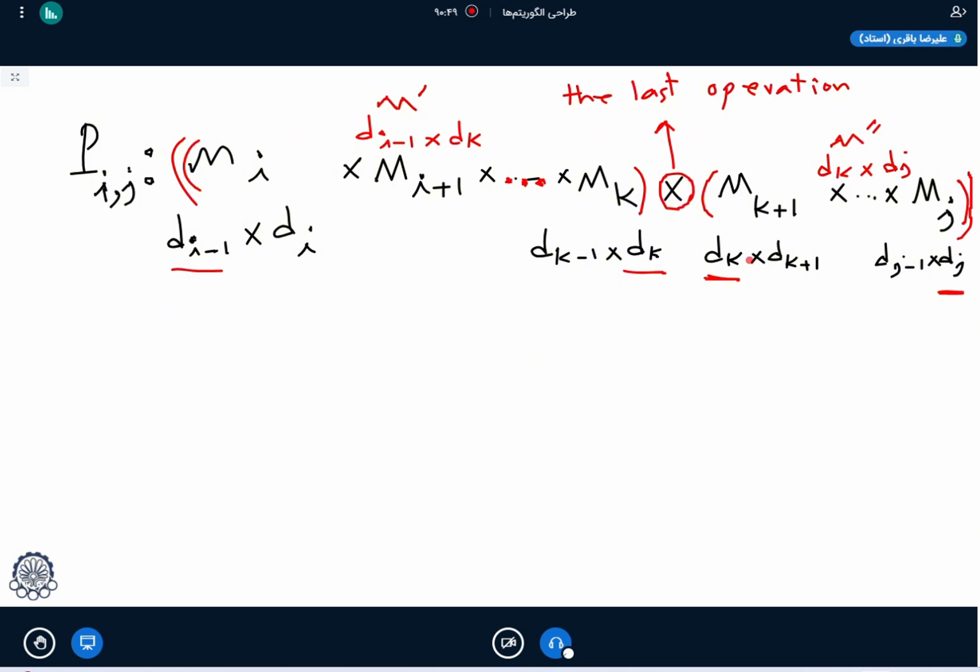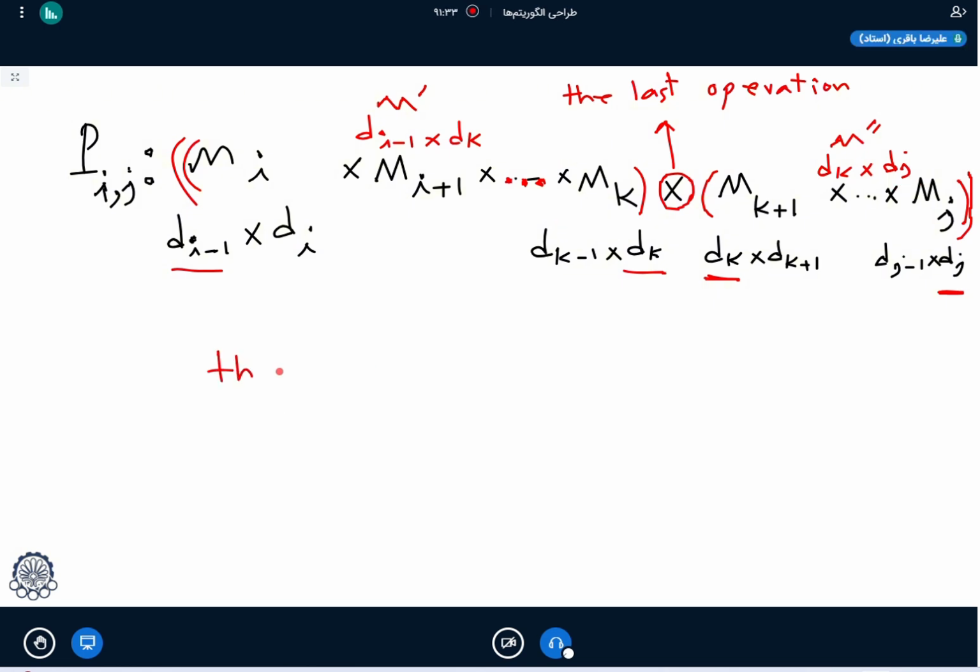So the result is a matrix with dk rows and dj columns. So when we are doing the last operation, matrix M prime is multiplied by matrix M double prime, and because the dimension of M prime is d(i-1) by dk, and the dimension of M double prime is dk by dj, the number of multiplications in the last operation will be d(i-1) multiplied by dk multiplied by dj.